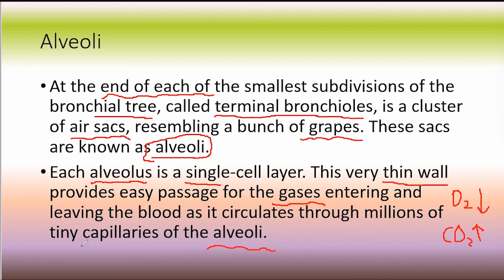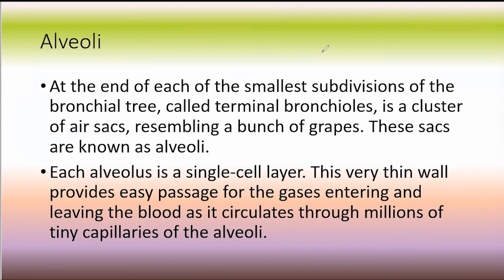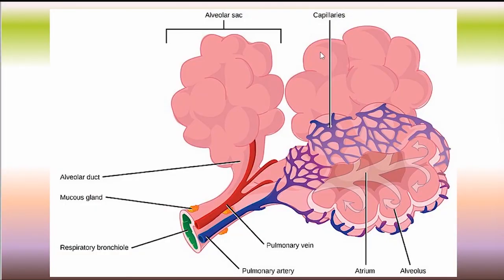And the blood vessels in the tissues we call capillaries. So there are blood vessels in the alveoli also. So that's the place the gas passes through. You can see the picture here.